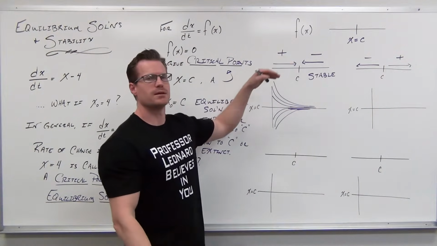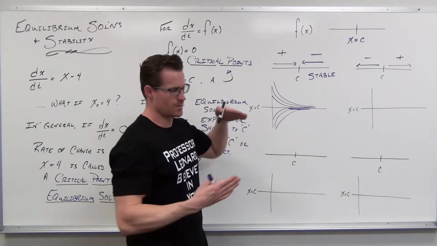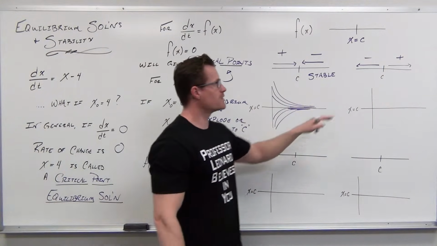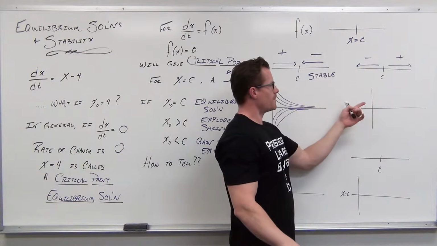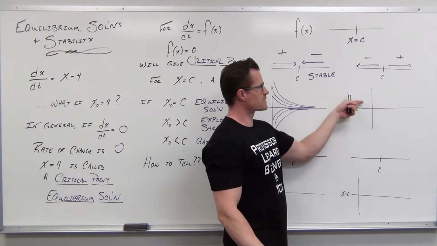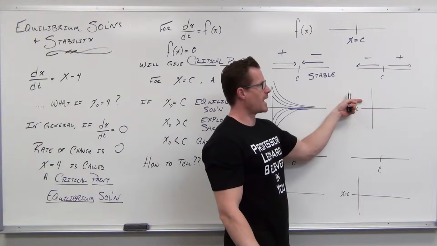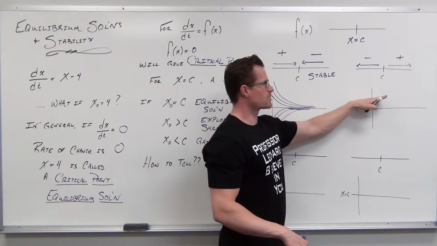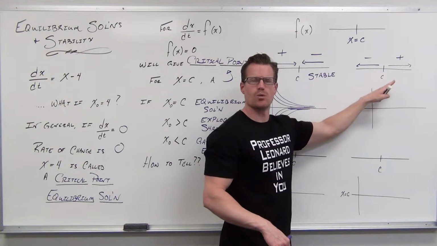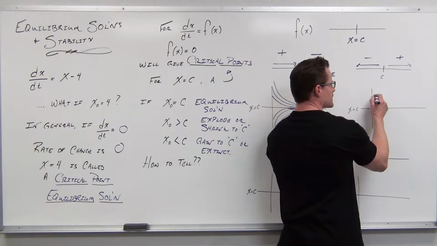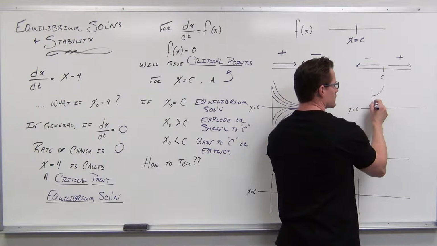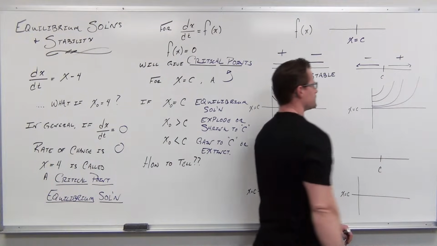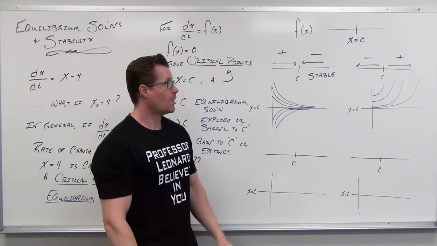This is like gravity. Stable means I'm going to go right to it no matter what. Unstable means I'm going to go away from it no matter what. And you can see it right here. If you have some number that's starting above your c and you find out that the first derivative is positive, that means that you are increasing. Now you're going to gain away from that number. You're going to get something that looks like this. Or below.